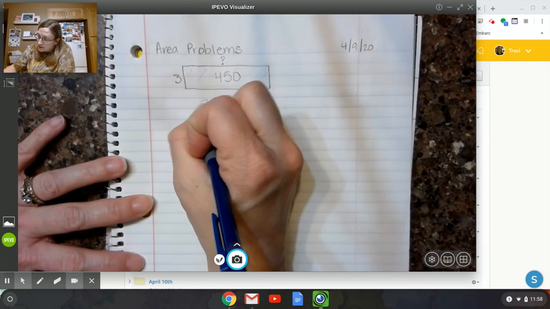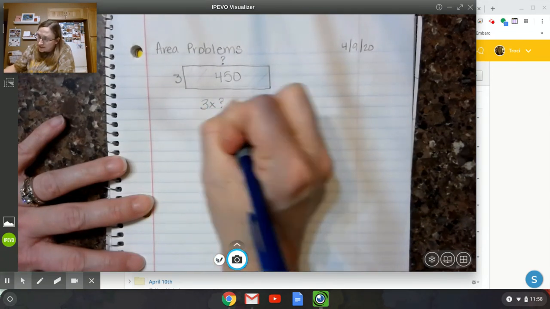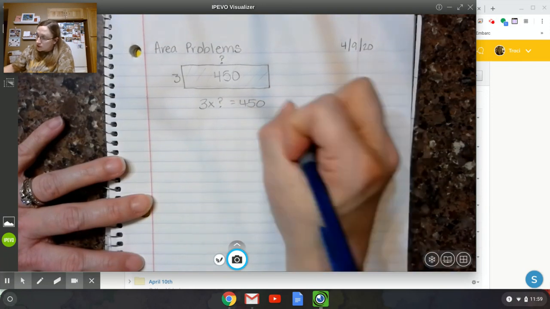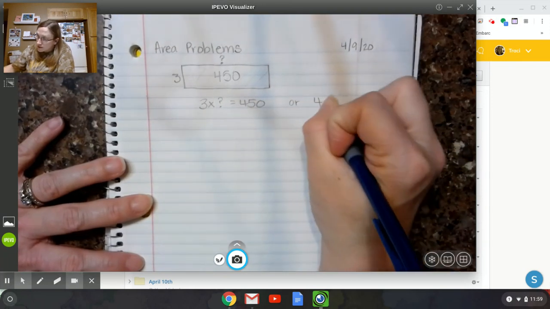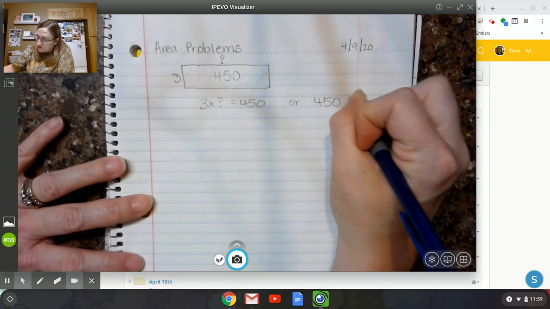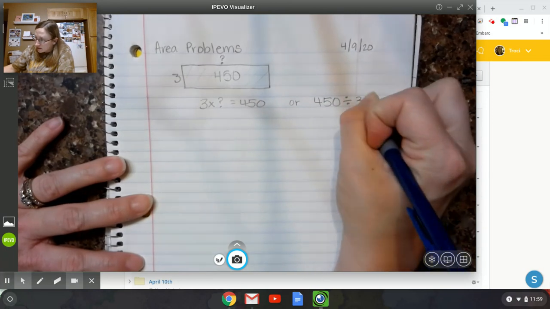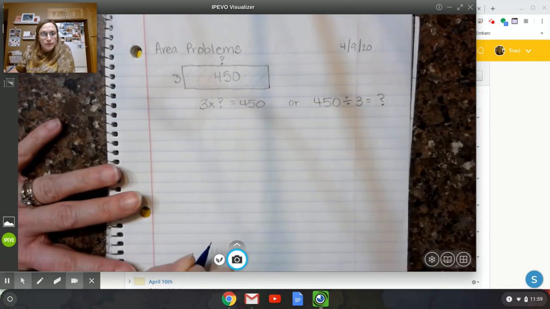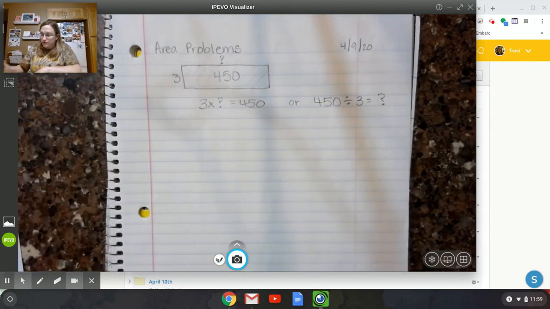So the opposite of multiplication is division, and that's how this turns into a division problem. So we are really solving 450 divided by 3 to figure out the length of the long side of the rectangle.